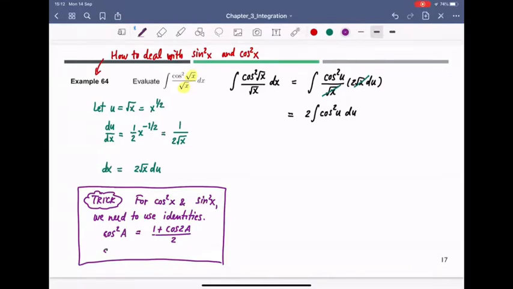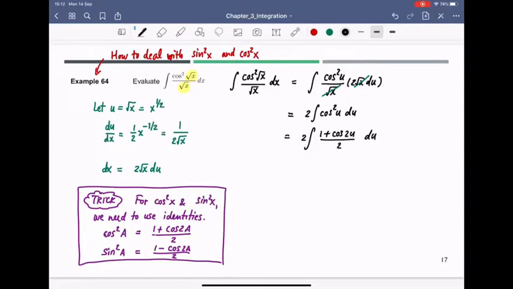And also sine square a is going to be 1 minus cosine 2a over 2. You have no choice. When you face cosine square or sine square, this is the way you have to go. So I'm going to change cosine square u to 1 plus cosine 2u over 2 du.